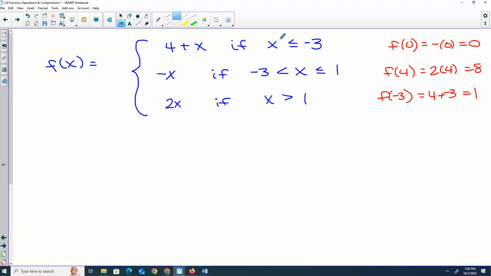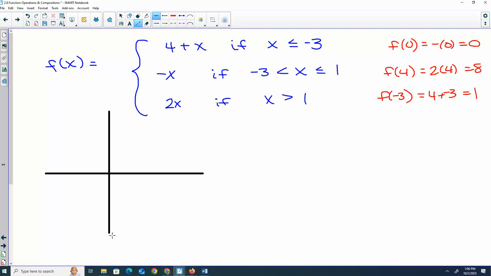And you should be able to graph them as well. So remember, what did we do to graph these? We made t-charts. How many t-charts would it take? 3. So for the first one, you have to plug in negative 3 and then things smaller.